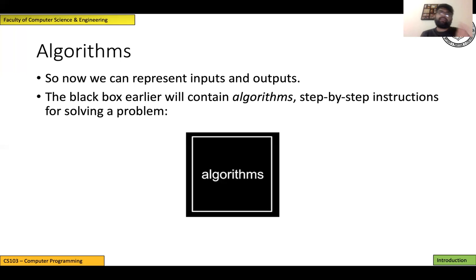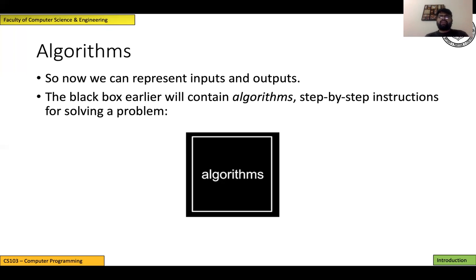Or if it's an image, or a video, which is just many images stitched together running at a particular frame rate. For example, AVI videos typically run at a frame rate of 30 images per second, and that is the way we are now comfortable enough, I think, to represent any kind of input and output, be it text or video or sound.